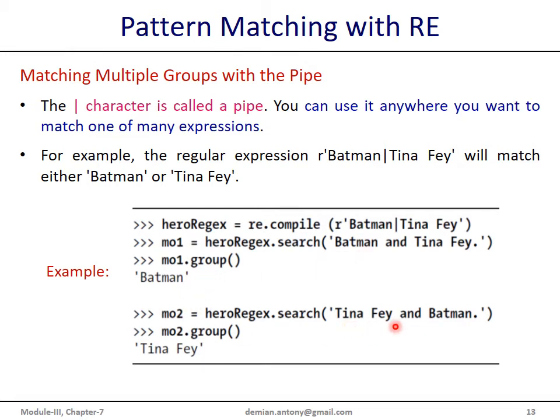And if you now give this as a string for the search, then this becomes the first match. Even though there is a second match, this will be returned with the group method. This is the first match. This is how you can combine multiple options, if you have multiple regular expressions, with the help of the pipe character.